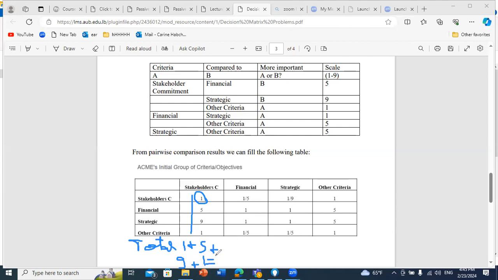Okay, and you do the same here. You have 1 over 5, so 0.2, plus 1 plus 1 plus 0.2.